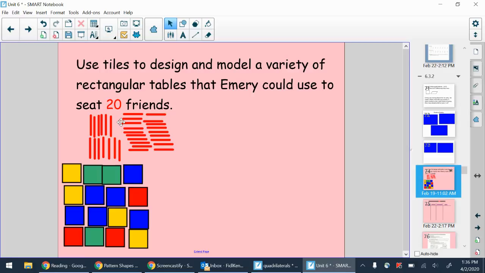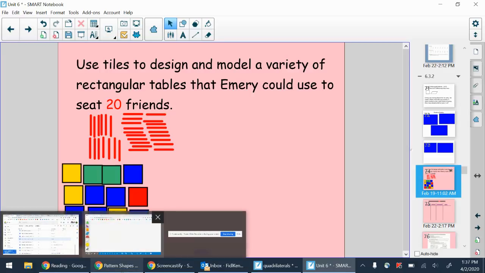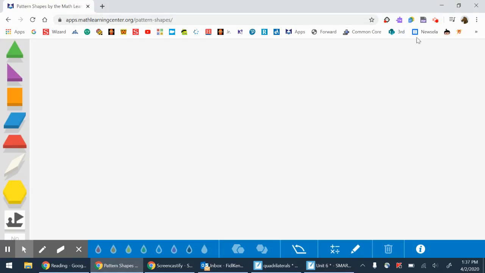All right, so just like yesterday, we are going to use the pattern shapes website that you were using there. We're just going to use the squares again. Okay, now, I'm going to ask you to pause the video, and I want you to try to come up with some different combinations of tables that could seat 20 people.